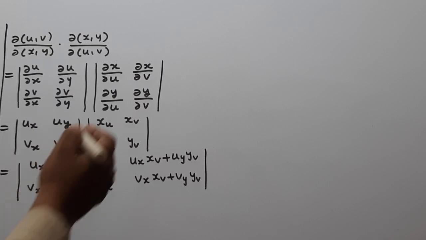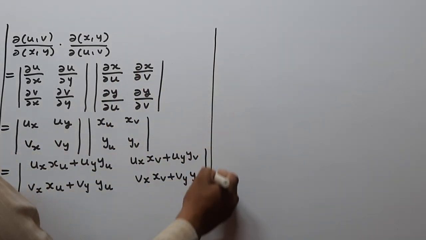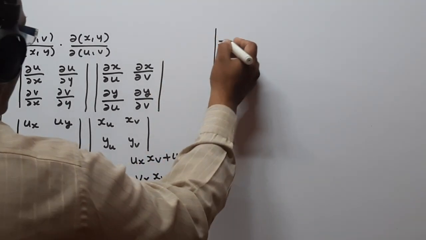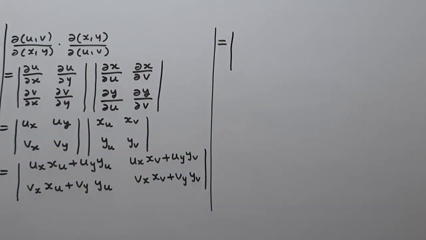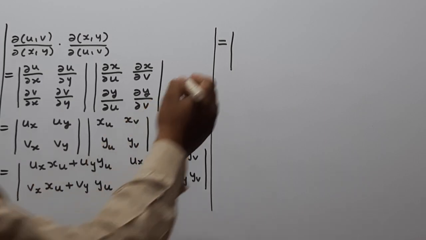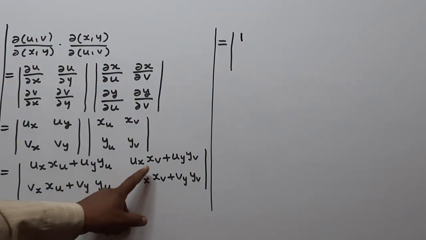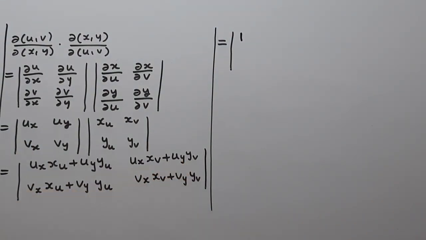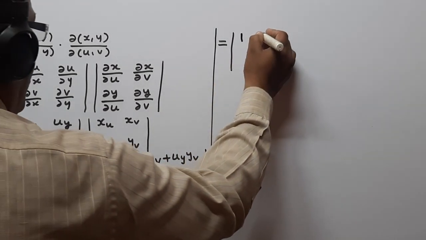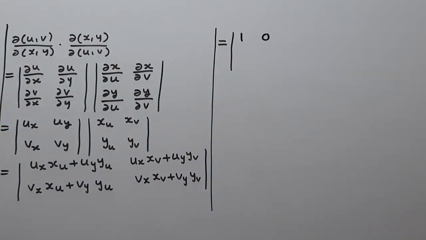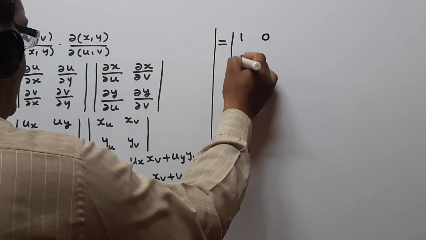Now we put values here. You know that ux xu plus uy yu is equal to 1, ux xv plus uy yv is equal to 0, and vx xu plus vy yu is equal to 0.